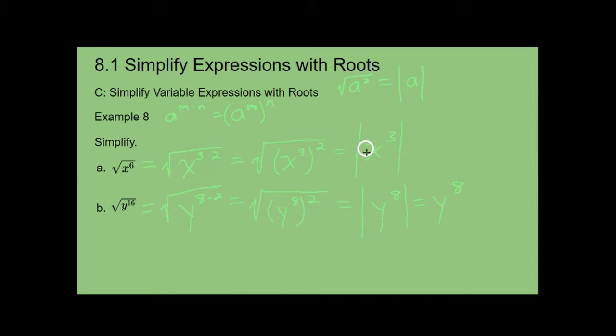Here we have to leave them, because if we put a negative in for x, then that answer is still going to be negative. Because 3 negatives lead to a negative, but 8 negatives lead to a positive. So regardless of whether you put a positive or a negative in here, it's going to be positive, and you can get rid of the absolute value bars. So inside your absolute value bars, if you have an even exponent, you can get rid of them. If you have an odd exponent, you have to leave them.